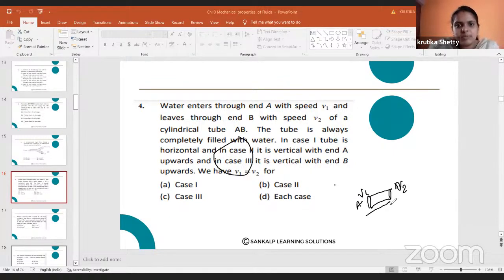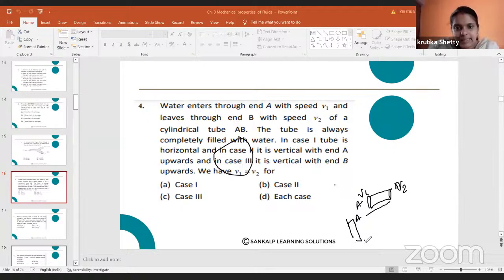The tube is always completely filled with water. In case one, the tube is horizontal, and in case two, the tube is vertical, with end A upwards and end B downwards.